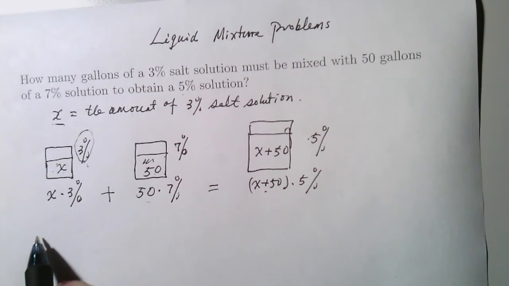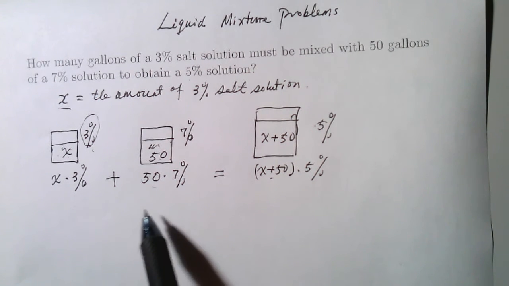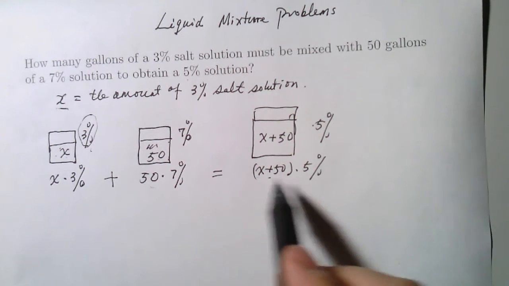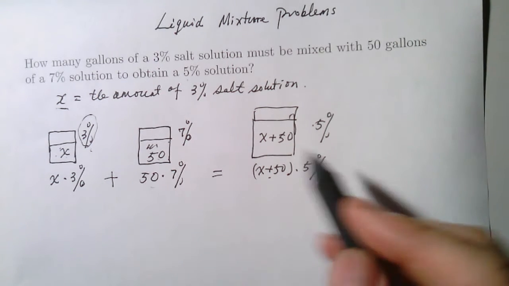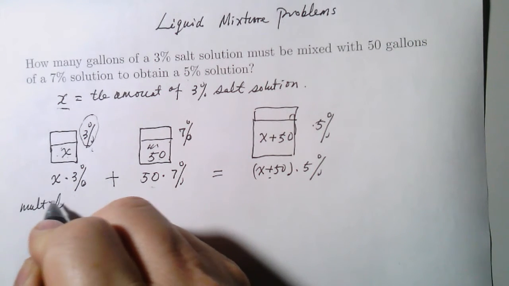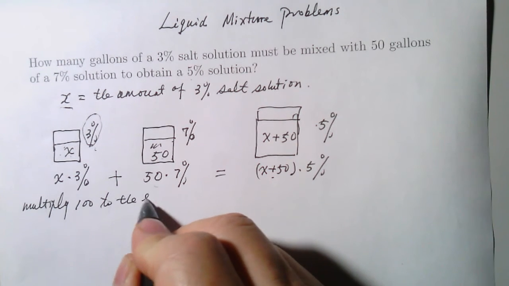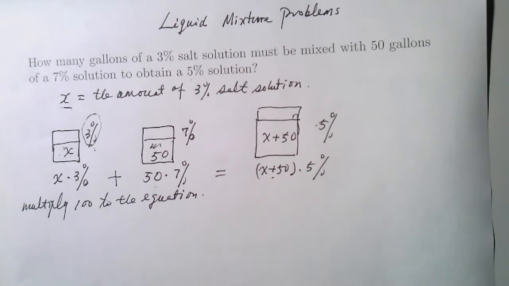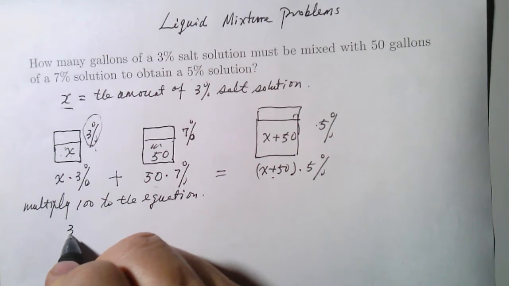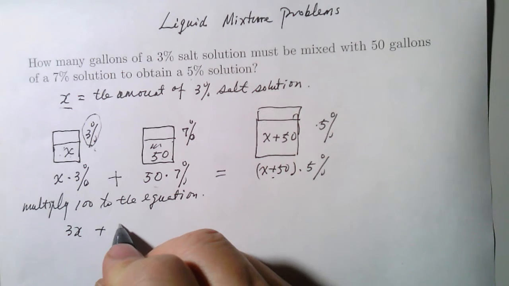Now you can see we have a linear equation. To solve it, we multiply each term by 100 to get rid of the percent sign. So 100 times 3% is 3, giving 3x. 100 times 7% is 7, giving 7 times 50, which is 350.